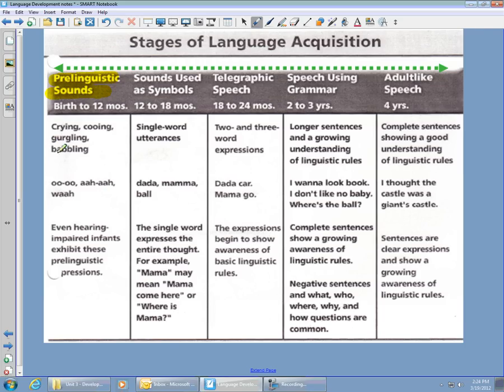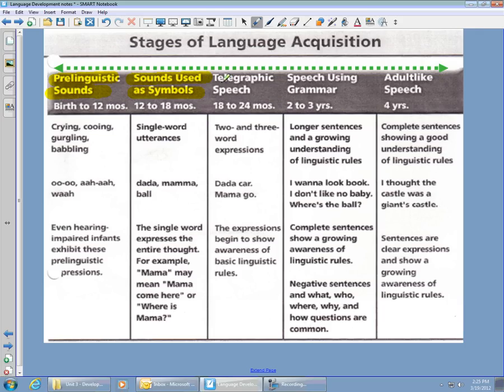Okay, and we talked about how that is reflexive. When we get to 12 to 18 months, babies are starting to use sounds as symbols so they understand that dada is that guy that keeps coming home and takes care of them, and they understand that ball is that round thing that's fun to play with.